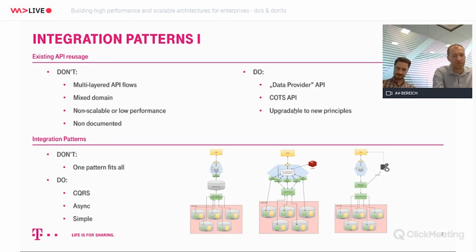So basically, one pattern will not fit all. Try to separate your integration patterns and your APIs by CQRS principle. Do stuff in async. If you have problems with executing the commands, give the user the info, okay, your request has been received, and do it quickly.